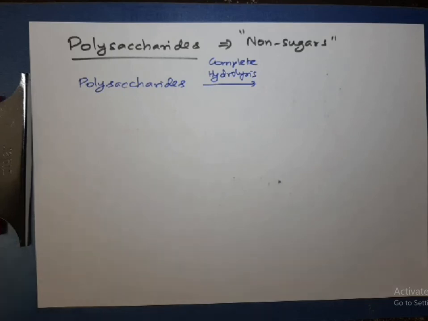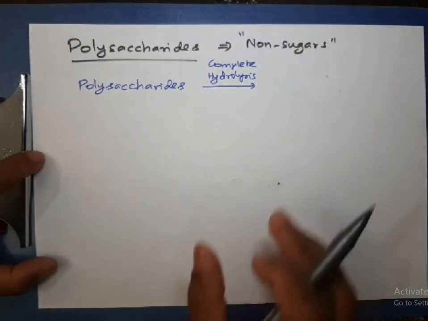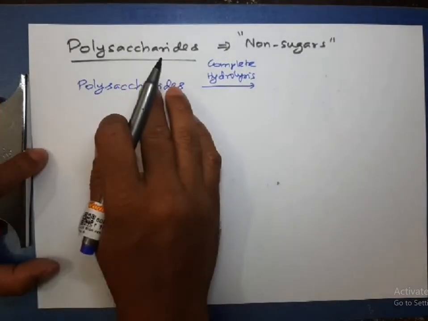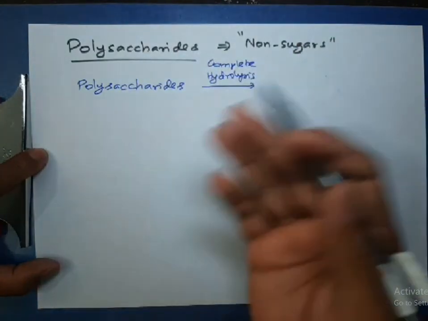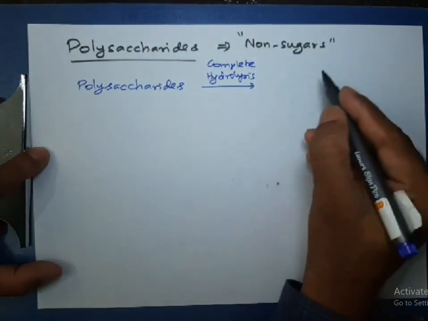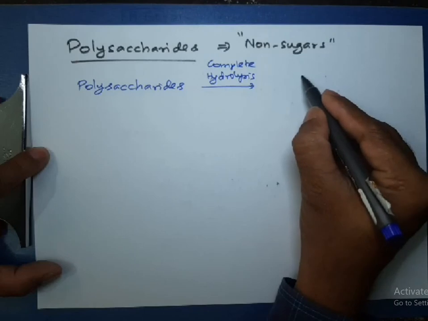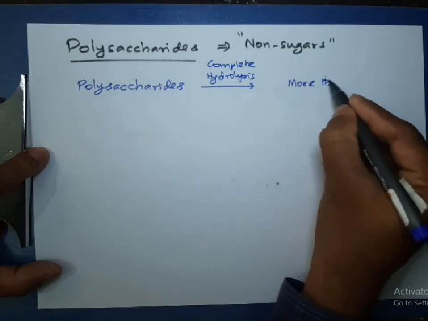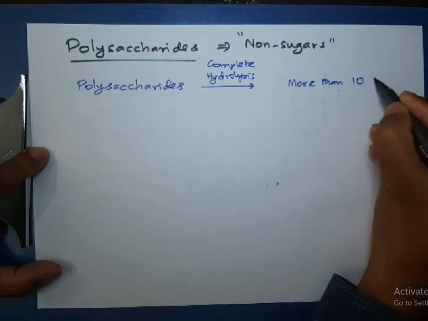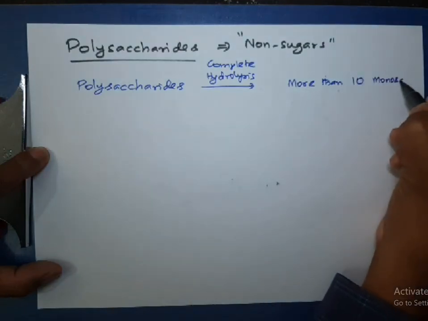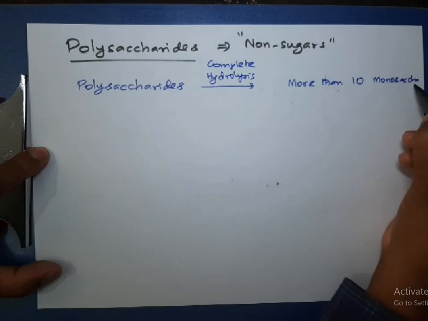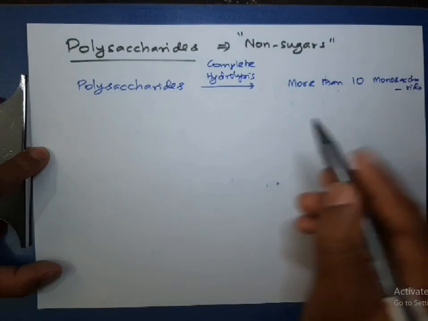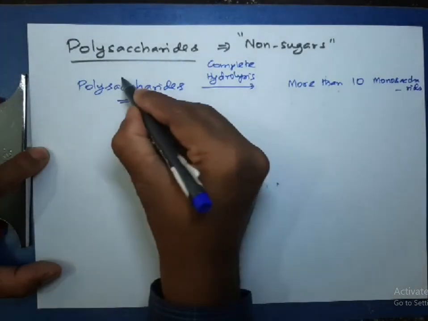Once all glycosidic linkages are broken, you will get only monosaccharides. For definition purposes I am saying, if you get more than 10 monosaccharide units, we call that carbohydrate a polysaccharide.